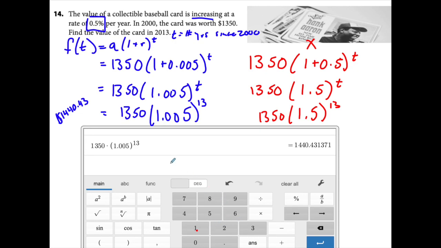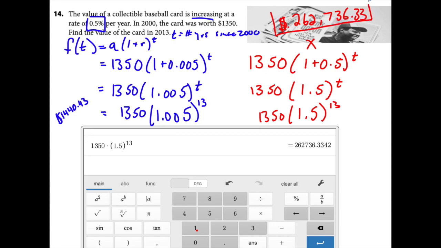So let's see what happens if I come in here and do one simple change: I take the 1.005, notice the first deletion, the second deletion. This says my card, if I'm not mistaken, just by switching it to that, is worth $262,736.33.